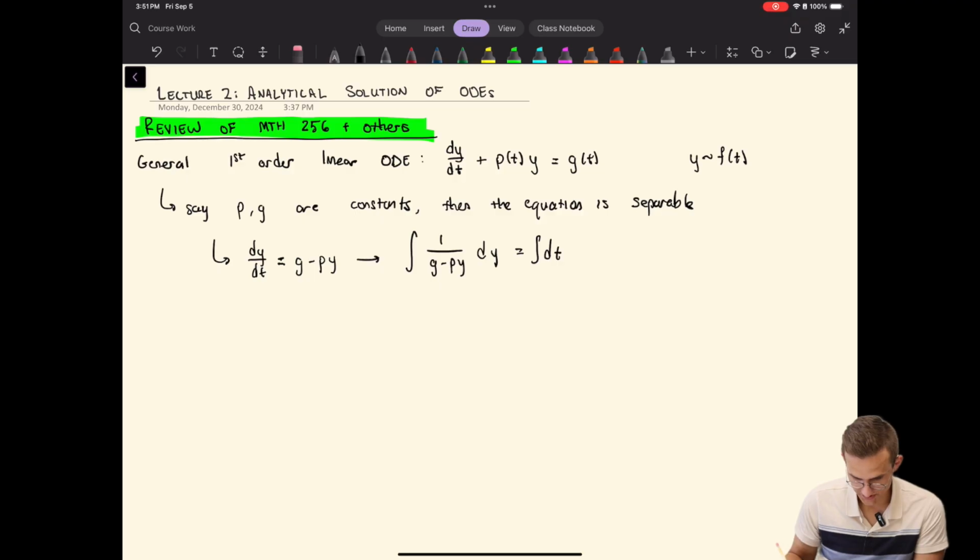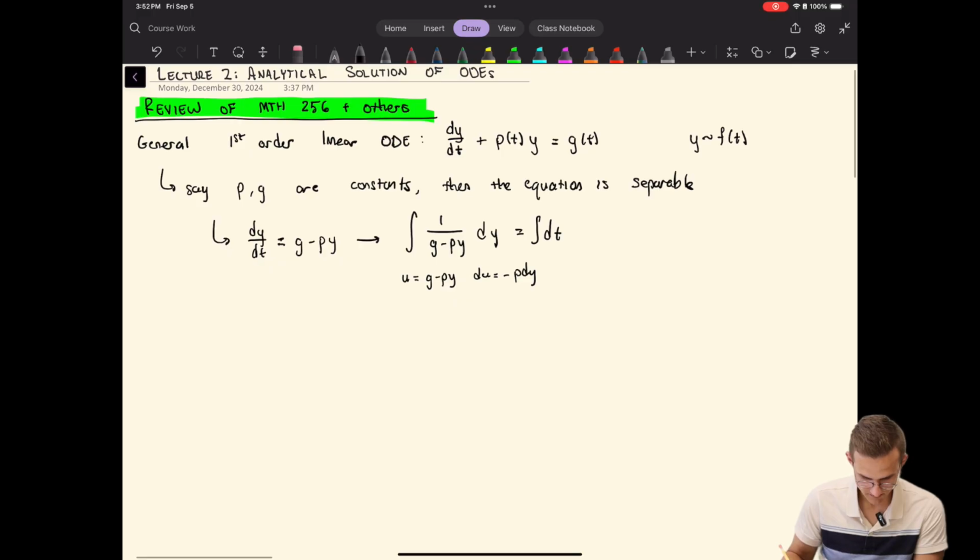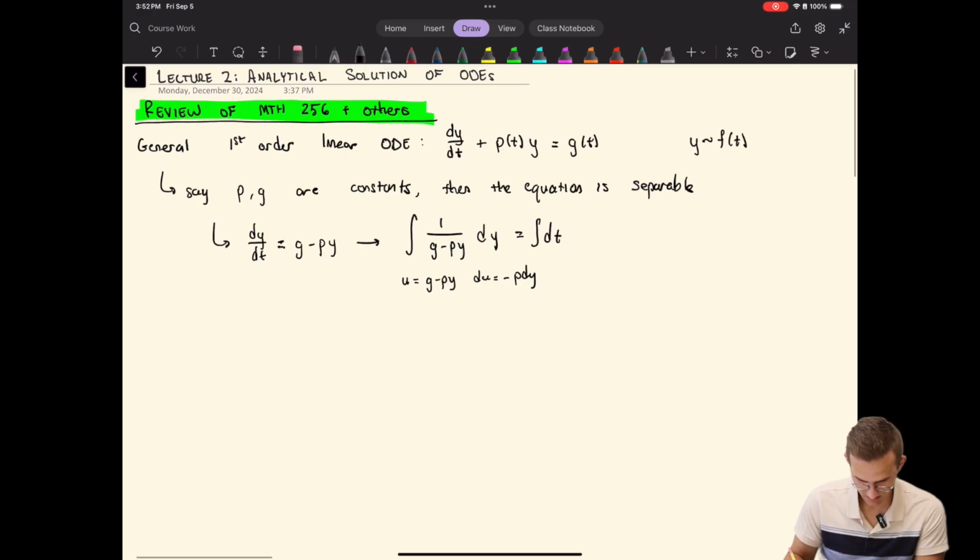And what that translates to when we do u substitution, so you say u is equal to g minus p times y, du is equal to minus p dy. That will give us minus 1 over p times the natural log of the absolute value of g minus py, which is equal to t plus some integration constant c.